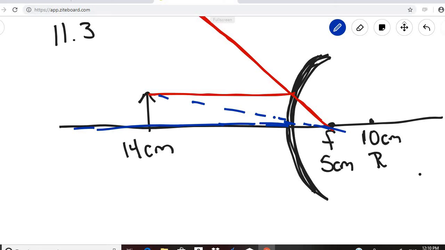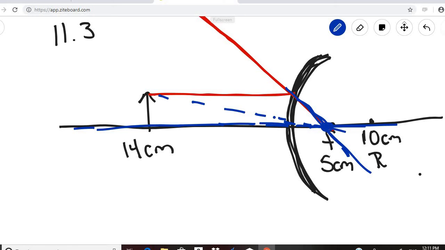Okay, so then we look at where these lines intersect. Okay, so again, we're going to have to extrapolate these out. So the place where these two lines would intersect would be about right there.